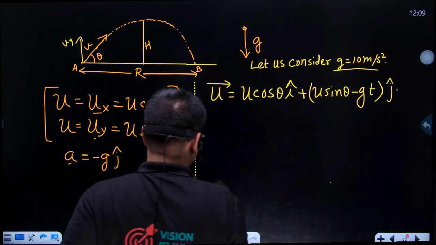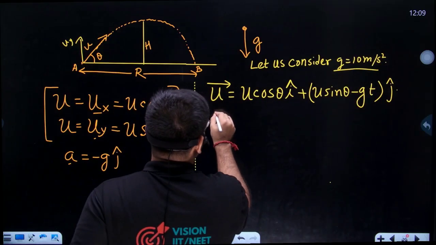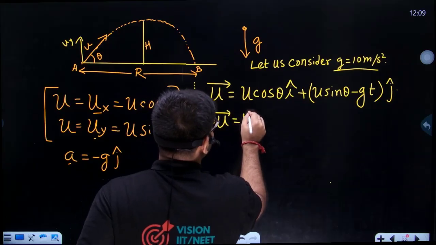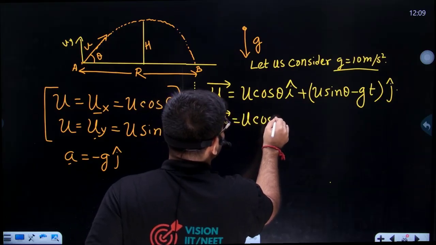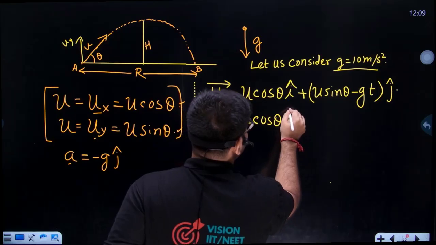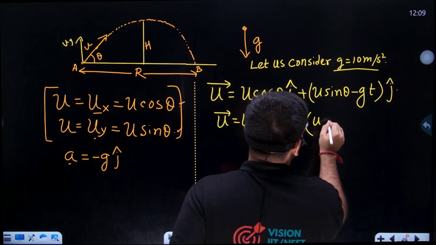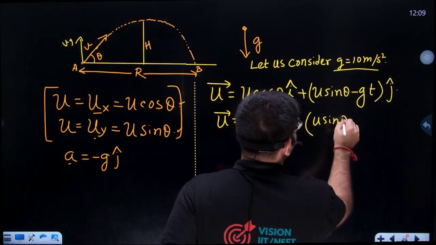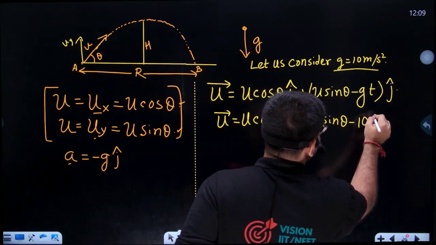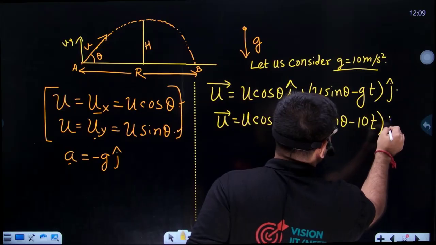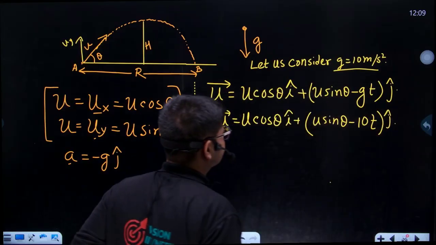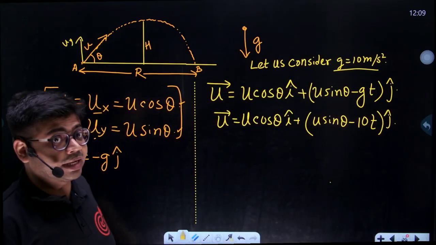Then my velocity is going to be u cos theta i cap plus (u sin theta minus 10t) j cap, right?